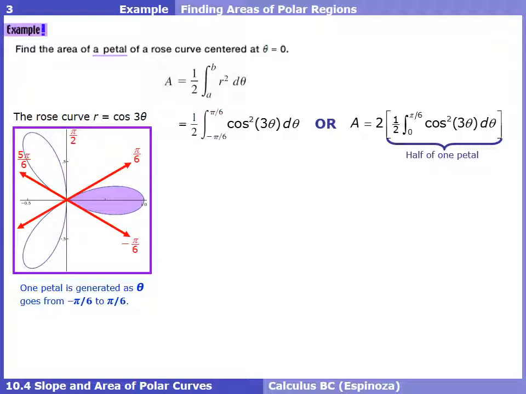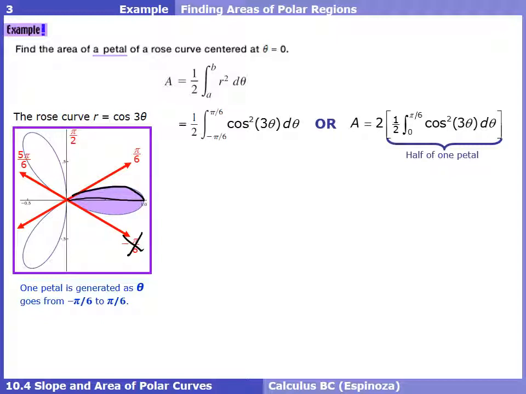As an additional way to view this, and there are many ways of setting up these integrals, by the way, that can either be the good news or bad news concerning this topic, is there's not just one way to do it. We could have disregarded this negative pi over 6 and just focused on the top half of the petal.